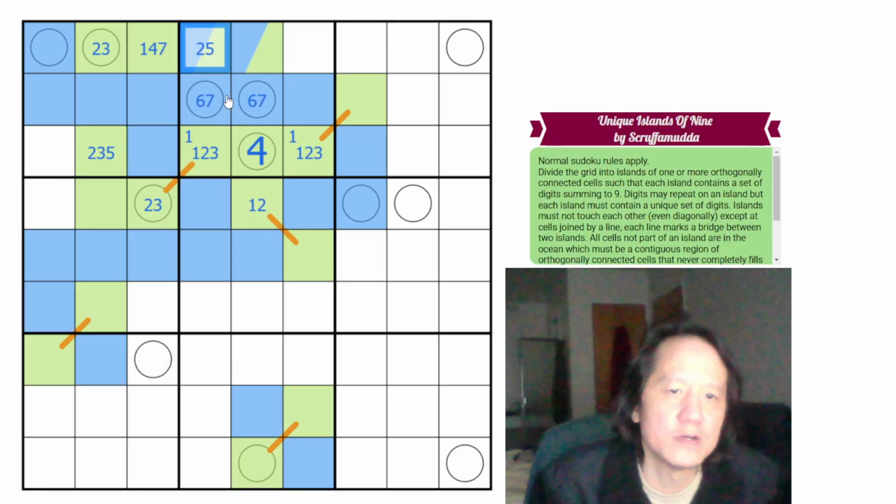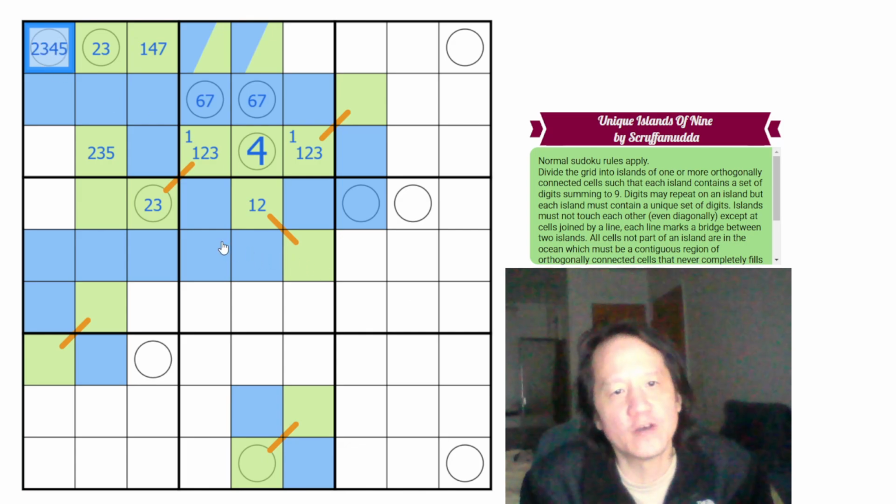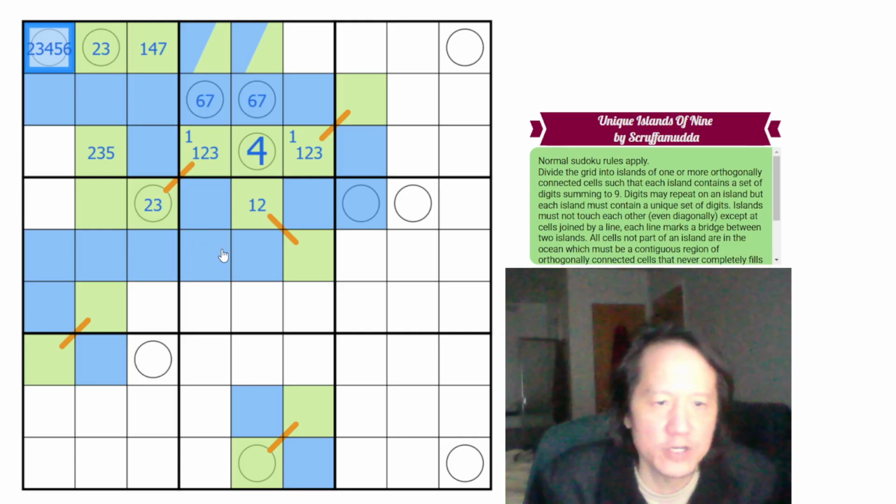But we don't know, and we don't know what else this could be. But we know this has to be 1, 4, or 7 either way. This is 2 or 3. This sees at most 6, so these 2 at least, and then 2, 3, 4, 5, or 6. I'm not sure which.